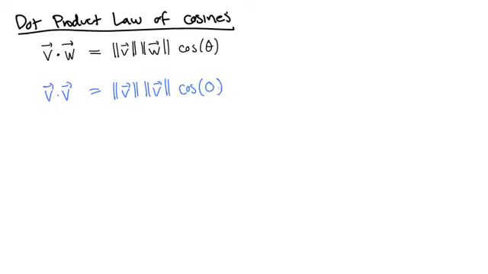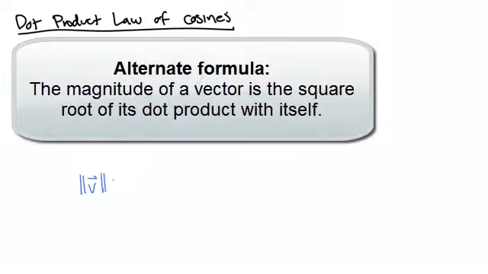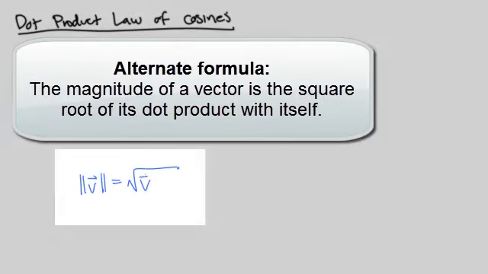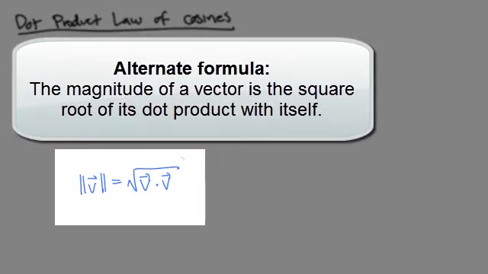Well, since these two are the same vector, the angle between them is 0. The cosine of 0 is 1, and so this tells us that v dot v is equal to the length of v squared. So we have a useful formula right here, that the length of a vector is the square root of its dot product with itself. This just gives us another alternative way of memorizing or of reproducing the magnitude of a vector.